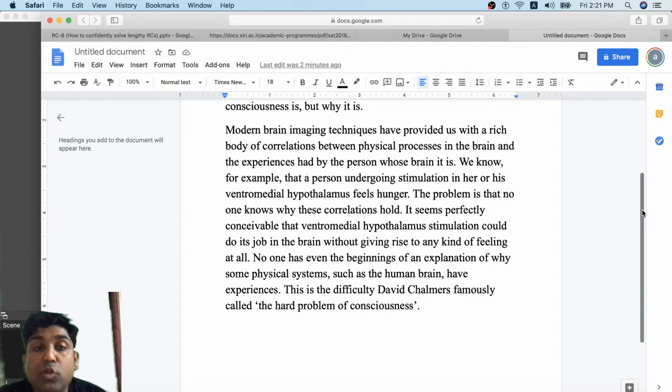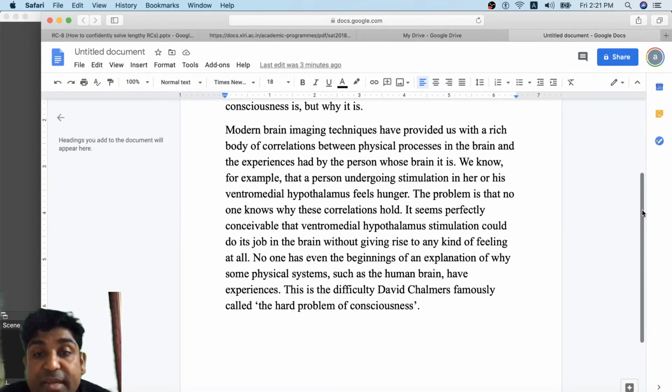The problem is that no one knows why these correlations hold. It seems perfectly conceivable that retromedial hypothalamus stimulation could do its job in the brain without giving rise to any kind of feeling at all. No one has even the beginnings of an explanation of why some physical processes are accompanied by experience.